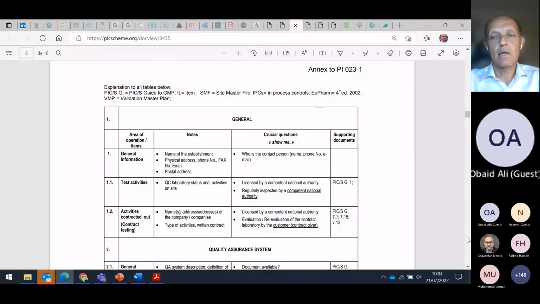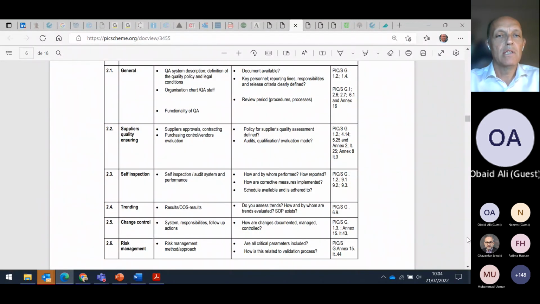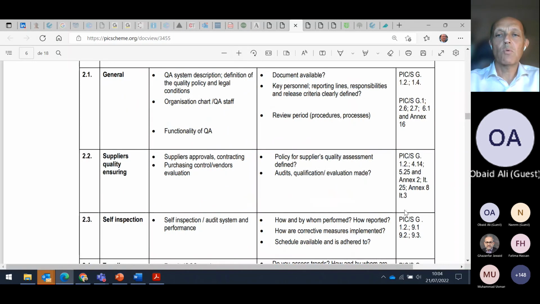As I said, if you read it, you come here and you will see general information. Let me make it a little bit larger. You are seeing here what questions an inspector will ask in your laboratory. Talking about suppliers' quality, they ask, is there a policy for suppliers' quality assessment defined? Audit, qualification, evaluation is made of these suppliers.